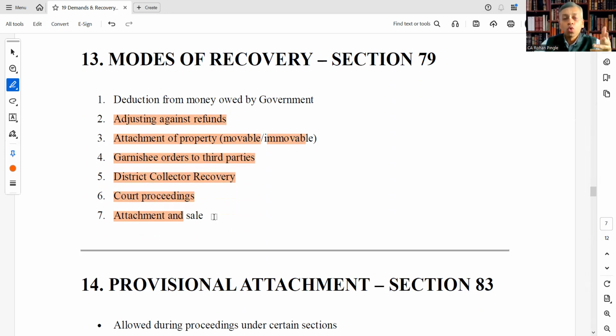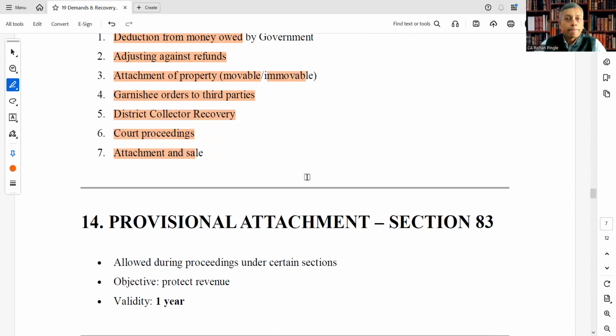So what are the modes of recovery mentioned in section 79? Deduction from money owed by government, adjusting against the refunds, attachment of property movable or immovable, garnish orders to third parties, district collector recovery, court proceedings, attachment and sale. So these are the modes of recovery.